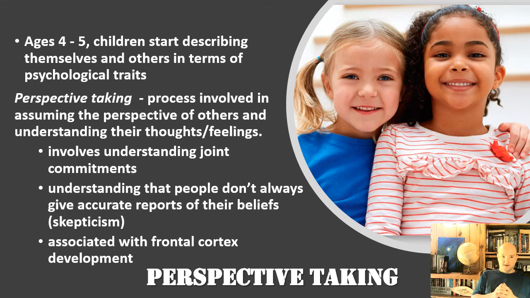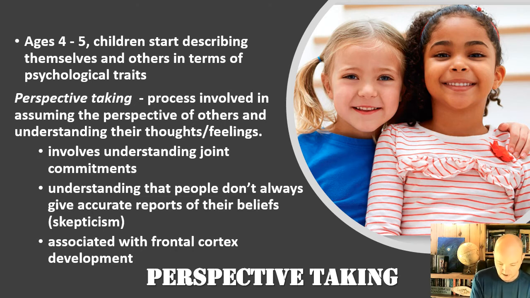And part of that, this is kind of interesting, is that them understanding themselves and them understanding the other are connected, and we've been talking about this. So perspective taking is this process of assuming another person's, or being able to picture their thoughts. It's kind of like the cognitive piece of empathy.